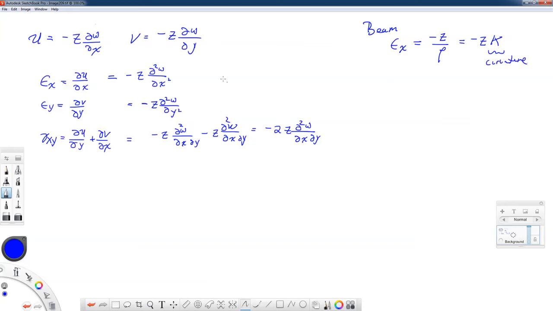We can do the same sort of thing here, where we have curvatures in these various directions. So that's a curvature in the x direction, curvature in the y direction, and we can have a curvature term kappa xy for the plate.